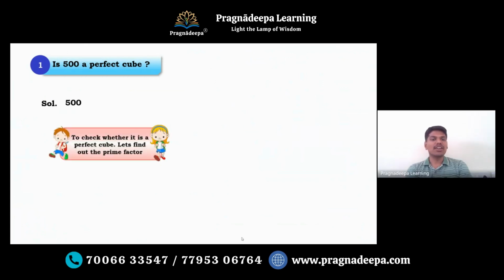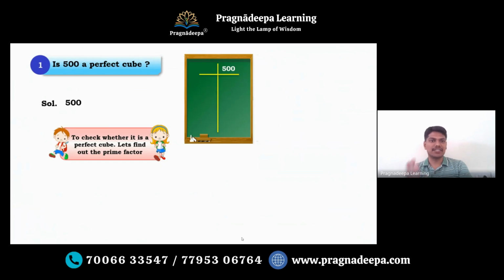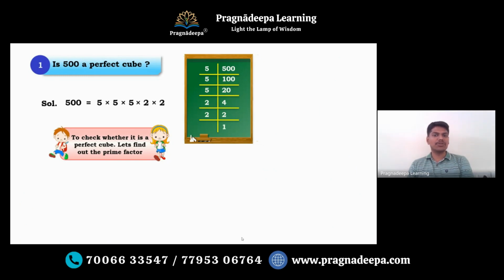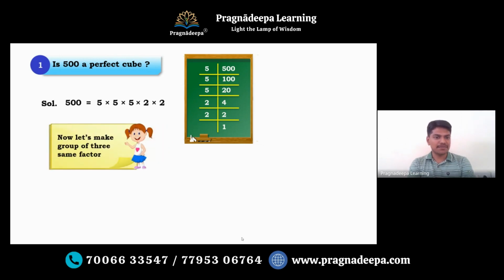What you do is you find the prime factors of it. This is the perfect way. How will you find the prime factorization? 5 times 100, 5 times 20, 5 times 4, 2 times 2, 2 times 1. So what is the prime factorization of 500? 5 into 5 into 5 into 2 into 2, correct? There is a scarcity of 2, correct? 5 you have 3 times.